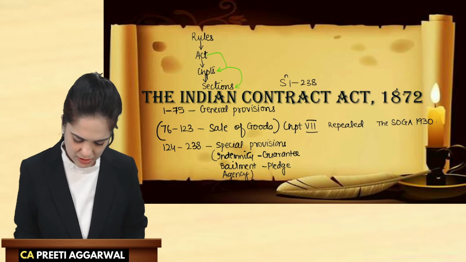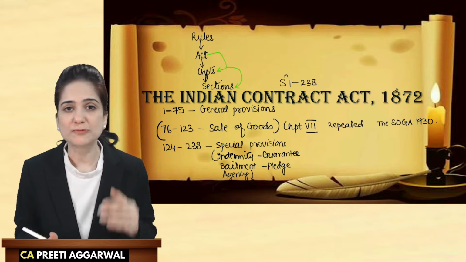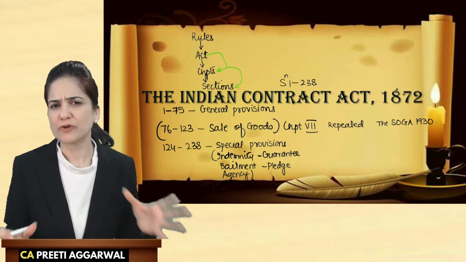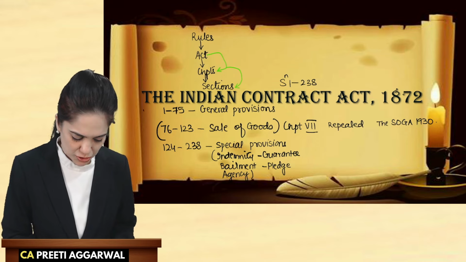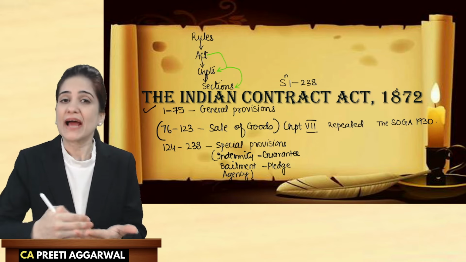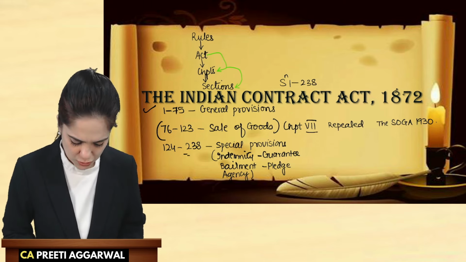So these are special provisions. Yes, we need to study the special provisions also. Now, to these special types of contracts, the general provisions of section 1 to section 75 apply, and in addition to that, certain special provisions shall also apply.